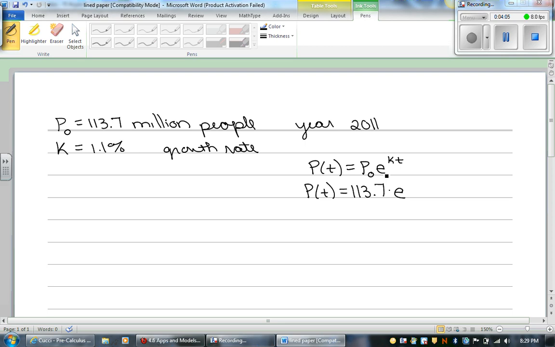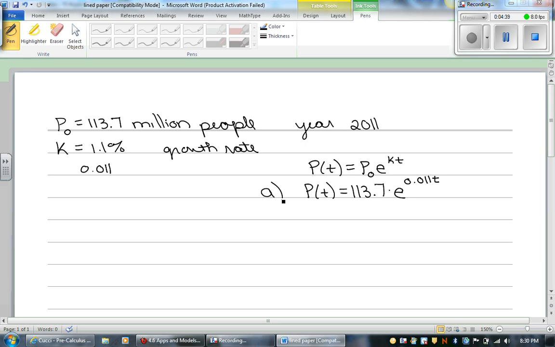And if we remember when we were talking about exponential functions prior, we know we don't put things in as a percentage, we put it in as a decimal. So we're going to change this to a decimal by moving the decimal 2 places to the left. So 0.011 times t. Okay. So this is our exponential growth function that we're going to use to determine the rest of these problems.